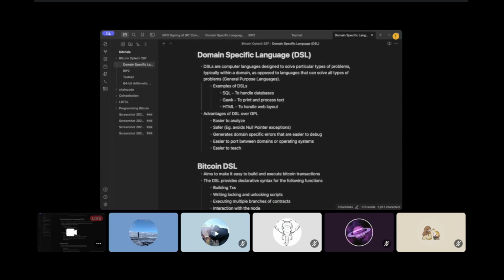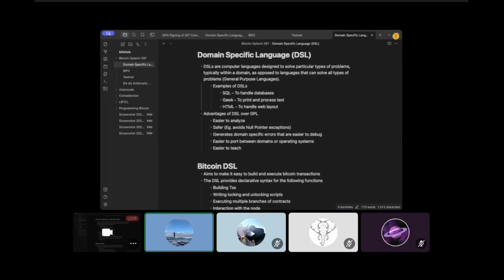Examples of DSLs we use in life are SQL and HTML. SQL is designed to handle databases. HTML is designed to handle web layouts. So they do one job and they do it well.